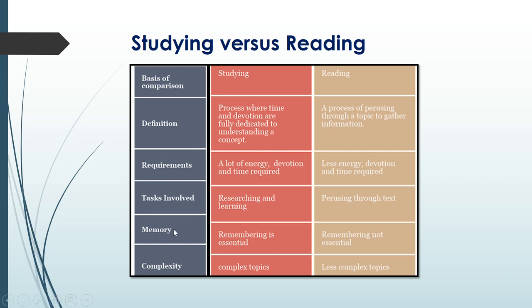Okay, so the task which reading asks us to do is simply to go through the text, to just have a look at the text and take information. Whereas studying asks us to research, learn, then go back to it, then check your information, then again get additional information.